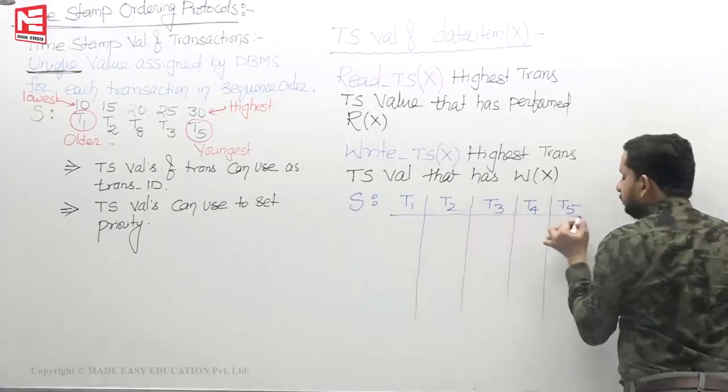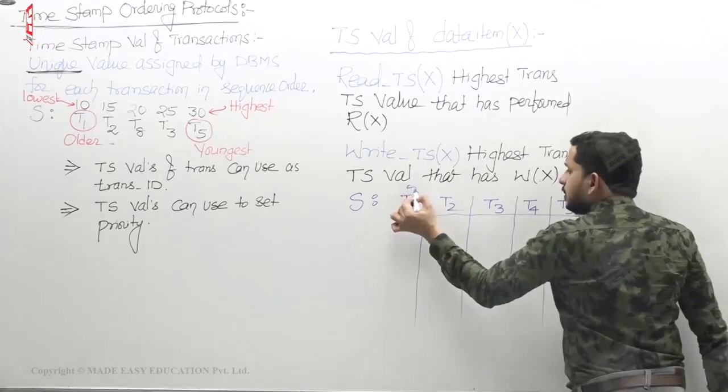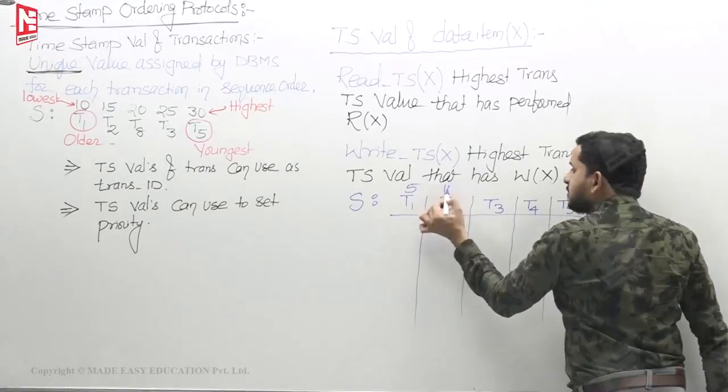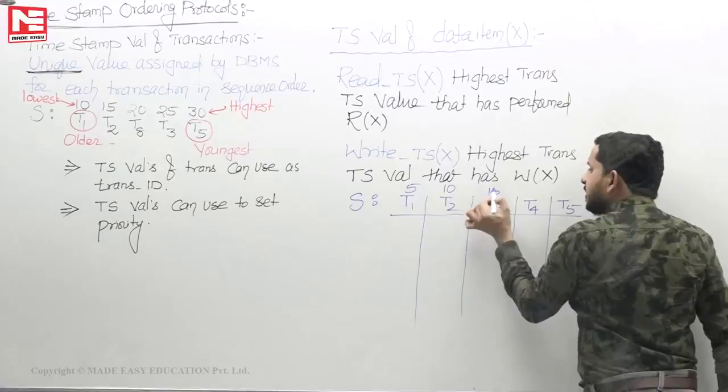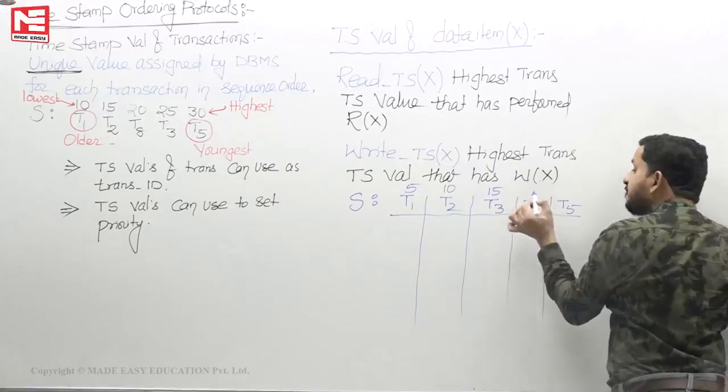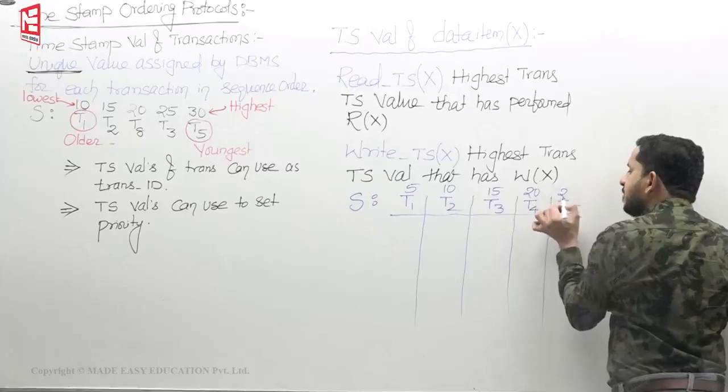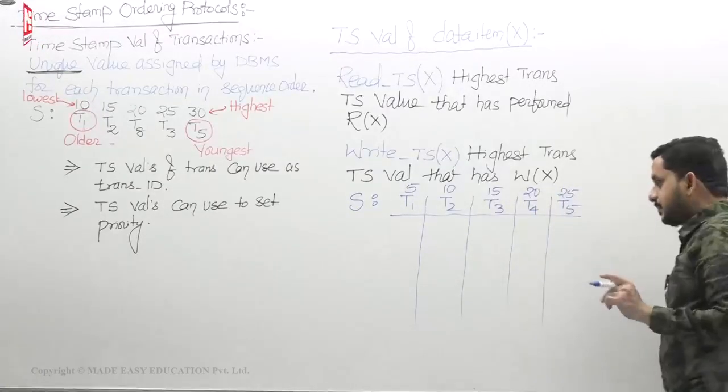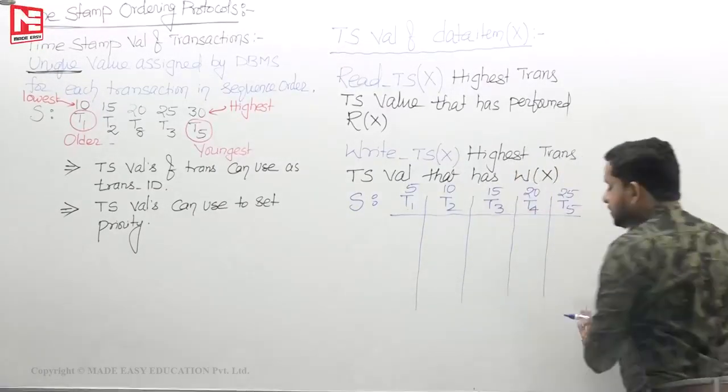Okay, and for the data, some random timestamp values I am writing: 10, 15, 5, 10, 15, 20, 25 are the timestamp values. Assume these are the timestamp values.